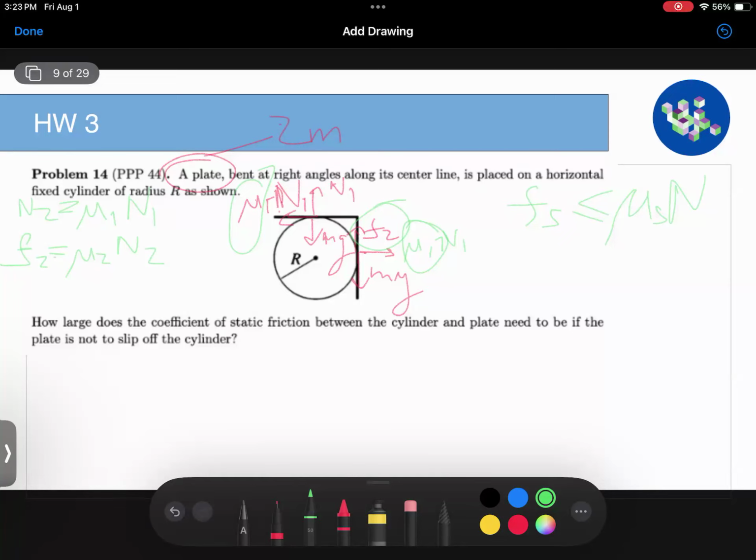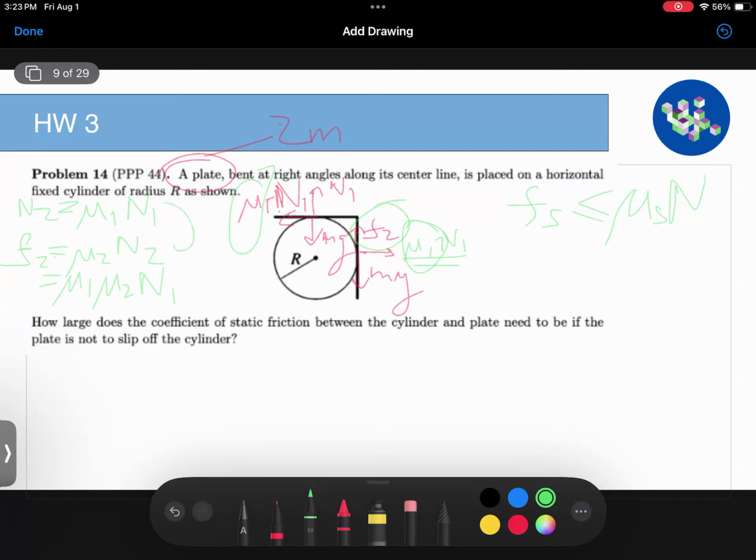So I'm just being safe and using mu1 and mu2. We'll eventually see that they're equal, but this is always a good practice when you're dealing with static situations. Because F2 equals mu2 N2, and I know N2 is mu1 N1, this just equals mu1 mu2 N1.